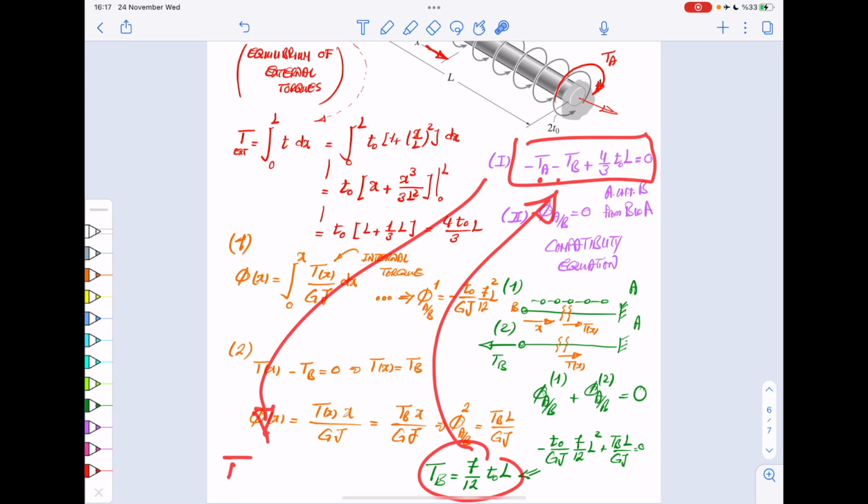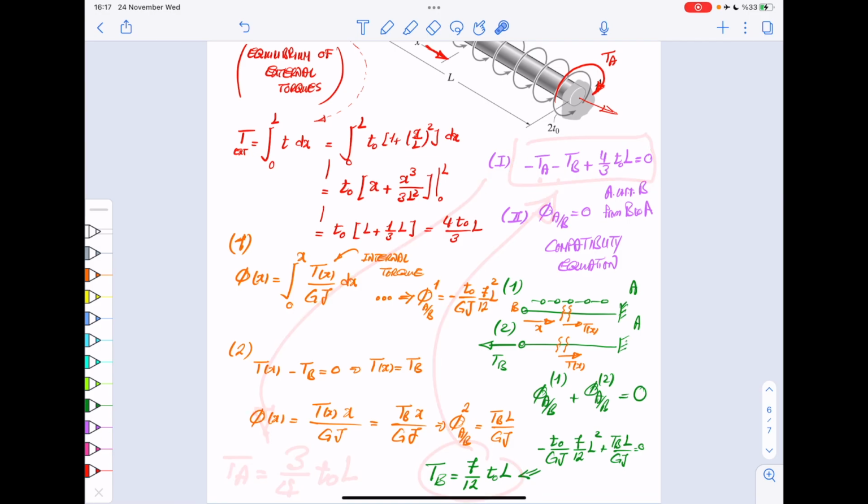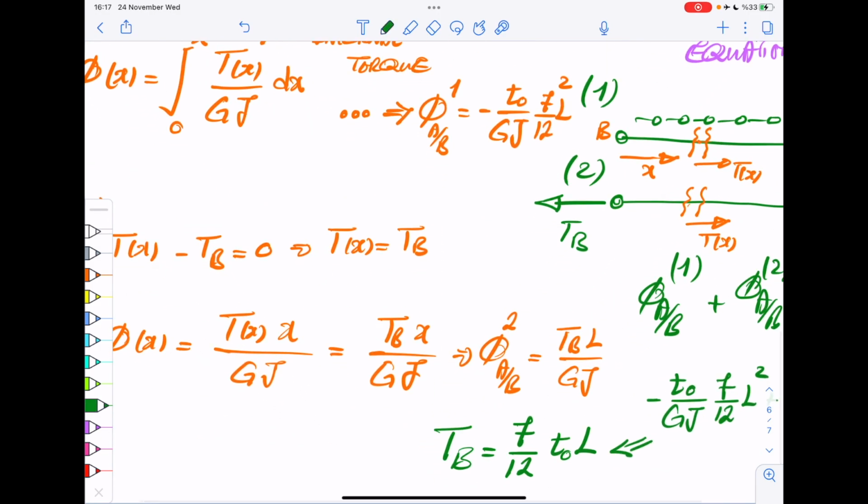And TA would be 3 divided by 4 T0 times L. So all you need to do is to insert this into your first equation, and you get TA equals 3 divided by 4 T0 L.